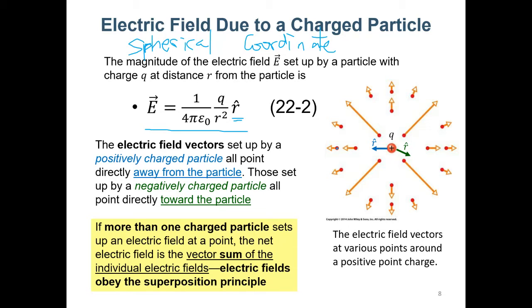So here, the electric field vectors set up by a positive charge point directly away from the particle, and those set up by a negative charged particle point directly toward the particle.